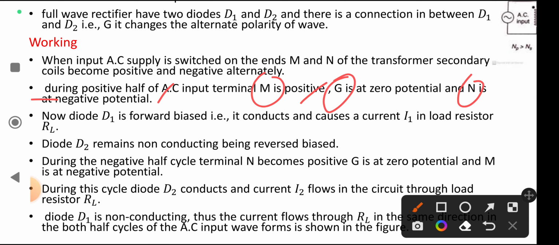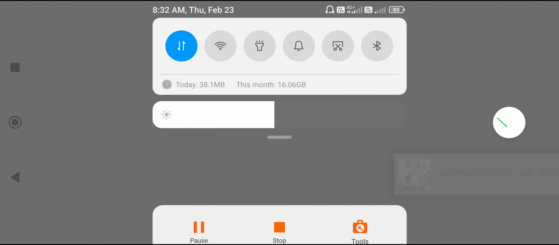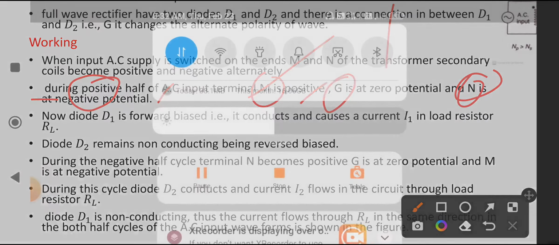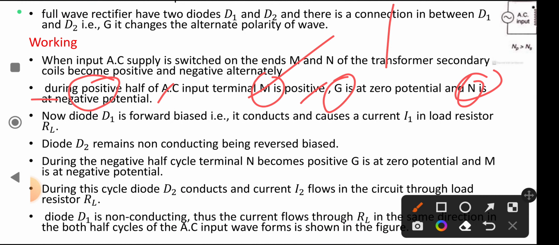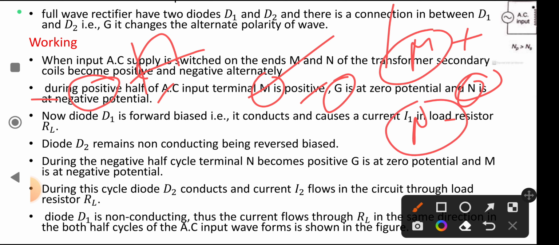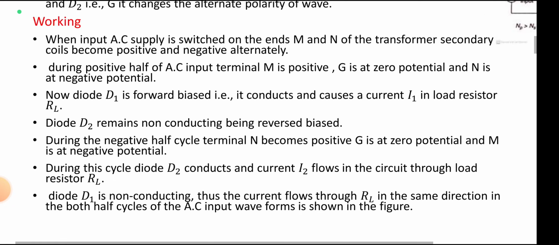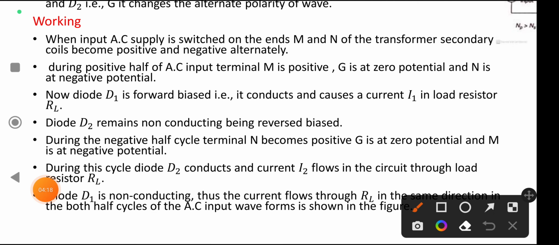See here, during the positive half cycle, M is positive, N is negative. A diode is connected to M and a diode is also connected to N, and G always maintains zero potential.